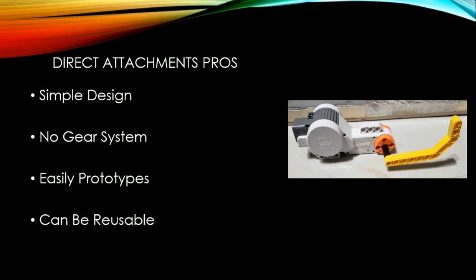So direct attachments make prototyping easier. The prototype data that you get is a little more direct in a sense. They prototype a lot easier. The other thing is, you don't have to build, like I said, a modular thing with the prototypes when you're using direct attachments.